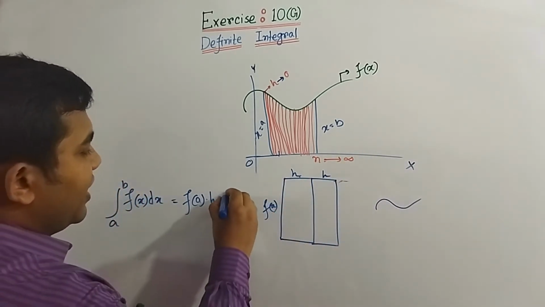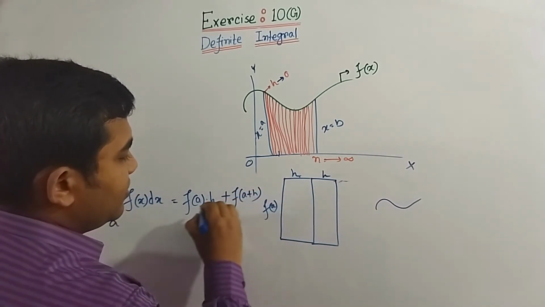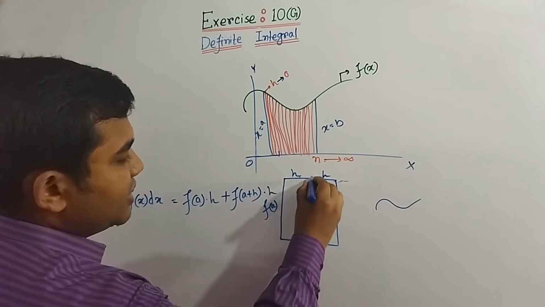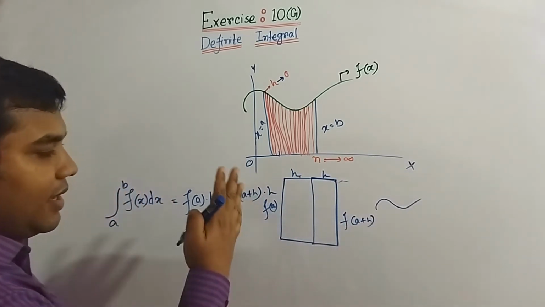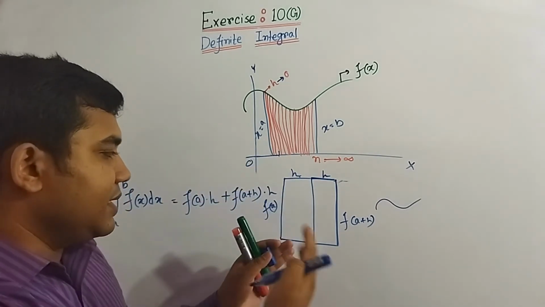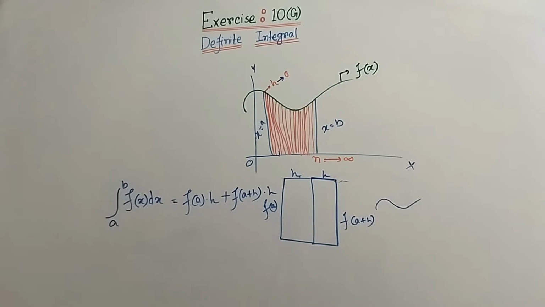So what do we have to write? It should be f of a plus h into h, because this was h and this should be our f of a plus h. If this system is going on and on, then what can we write?